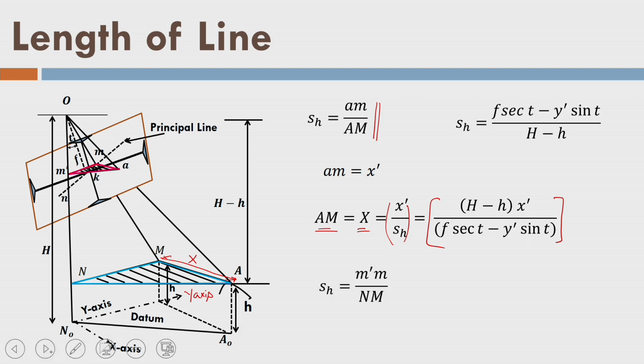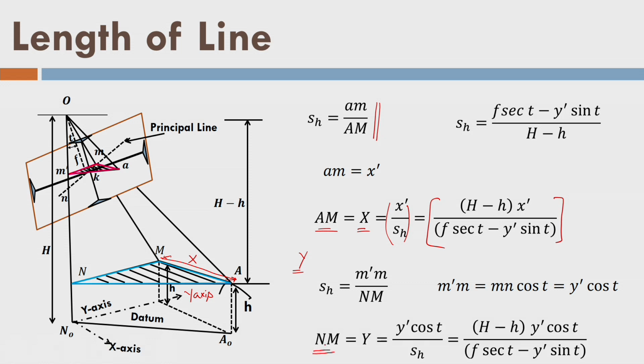Now, again I can write further to find the y distance, but this time I am using M dash M, which is measured parallel to the principal line. So, M dash M is equal to this, and NM is nothing but my y distance, which is this distance. So, that is my y distance, measured along the y axis, and it is y dash cos t divided by sh.